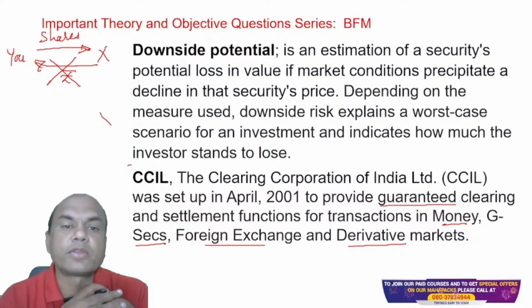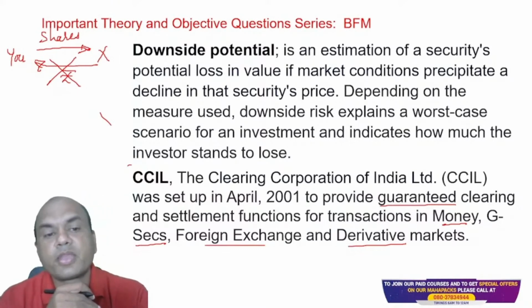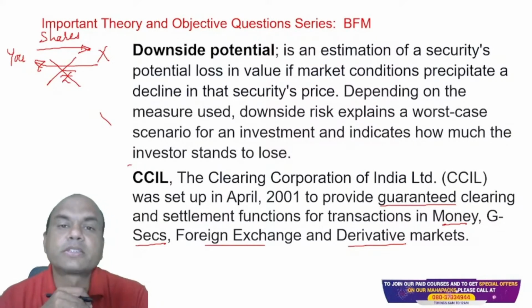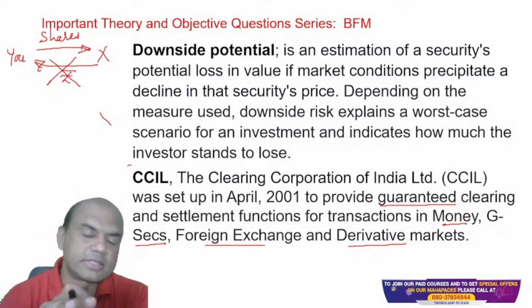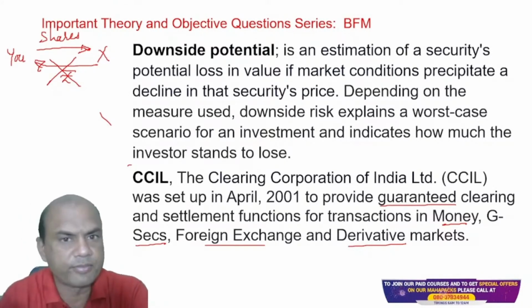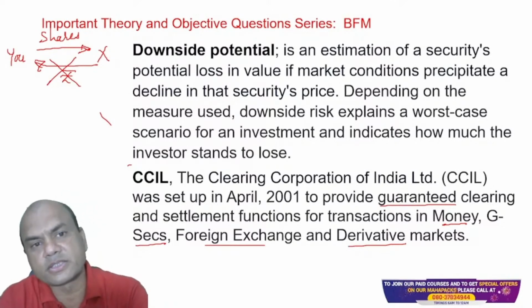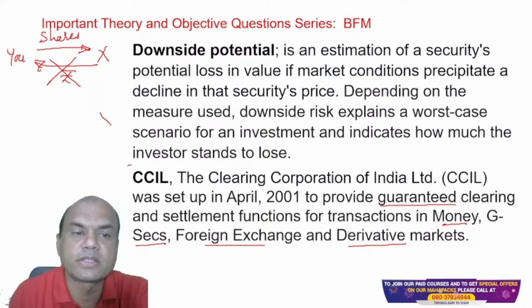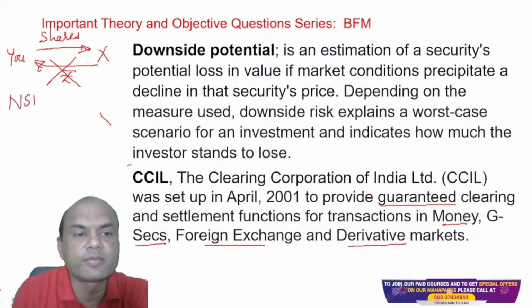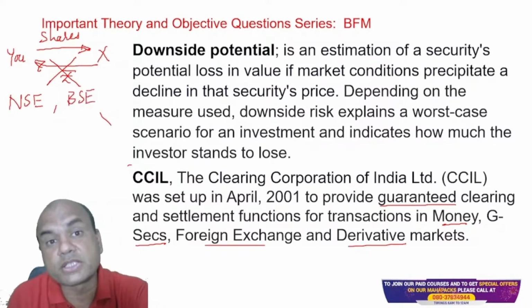Because CCIL is very clear: money, government securities, foreign exchange and derivatives market. Does it say anything about shares? No. So who talks about shares then? Correct. NSE and BSE. These stock exchanges take care of the settlement risk of the shares.